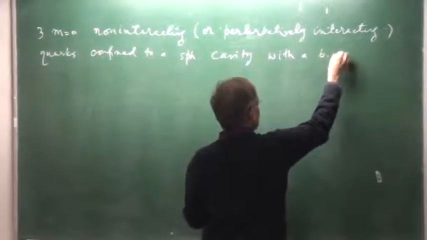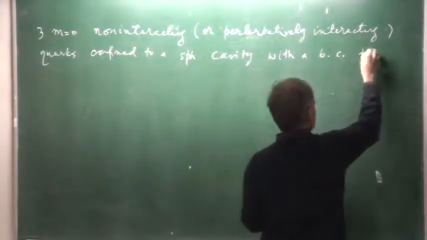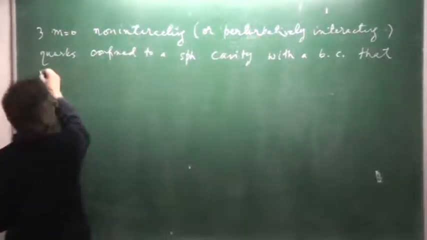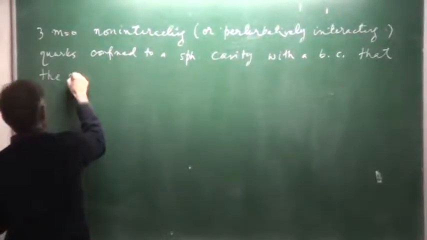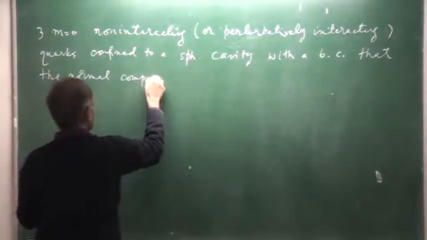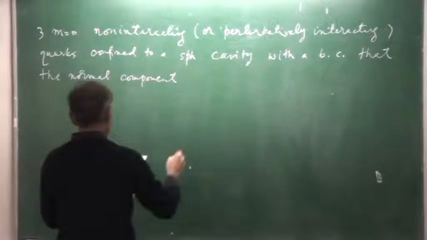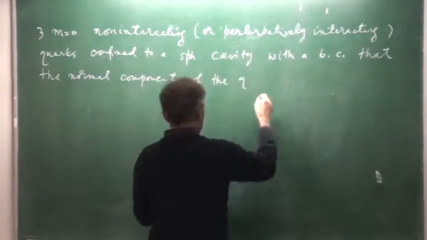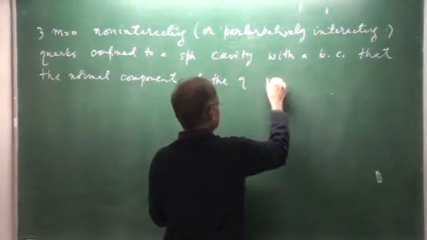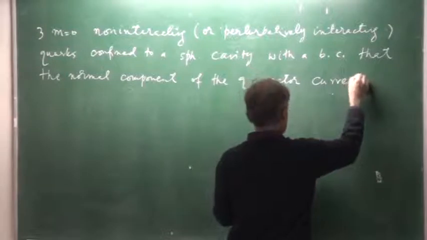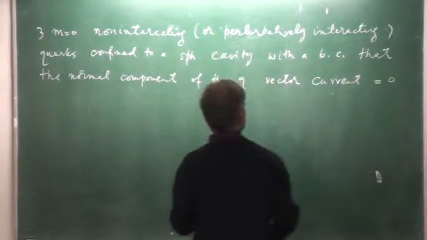It's a boundary condition that the normal component of the forward vector current is zero at the boundary.